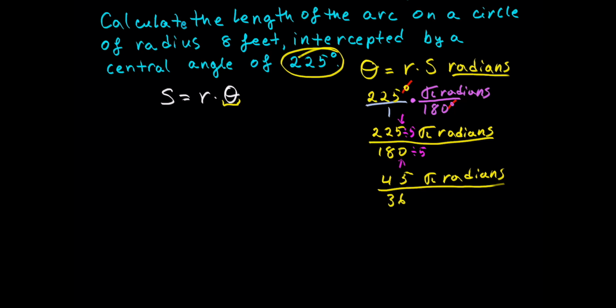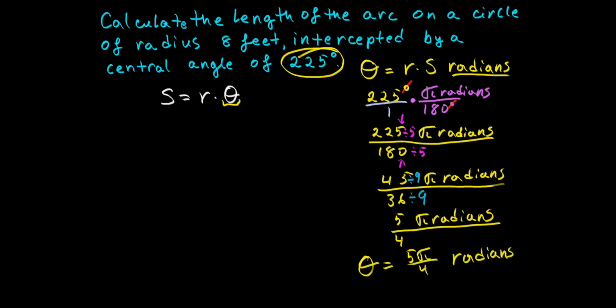Both 45 and 36 can be divided by 9, so let's reduce this fraction by 9. We get 45 divided by 9 is 5 pi radians over 36 divided by 9 is 4. So now we know that our central angle theta is equal to 5 pi over 4 radians.